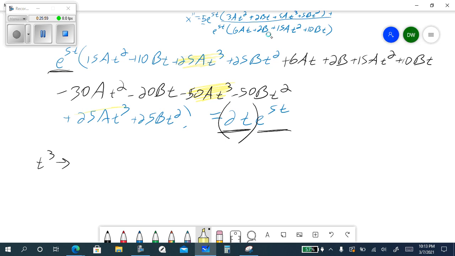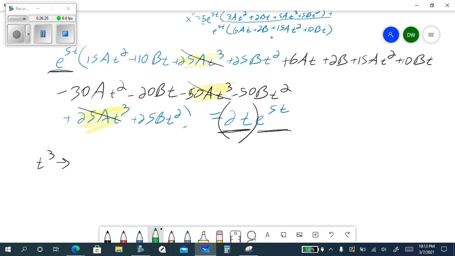We have a t cubed term here. So we have 25a t cubed, another 25a t cubed, and then minus 50a t cubed. So 25 is 50 minus 50. So all those cancel out. So there are no a t cubed terms on the left.